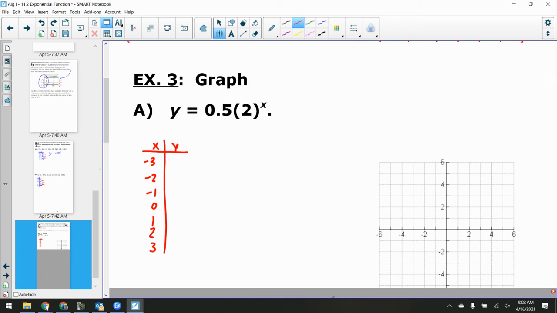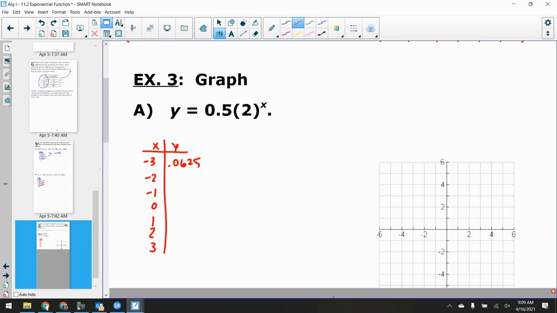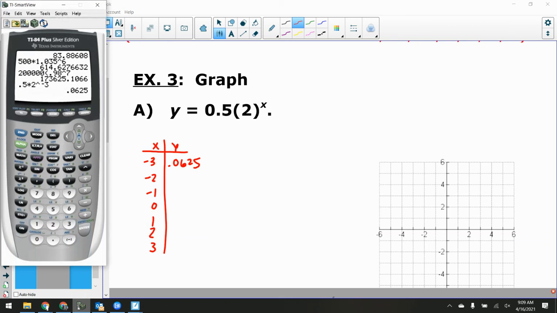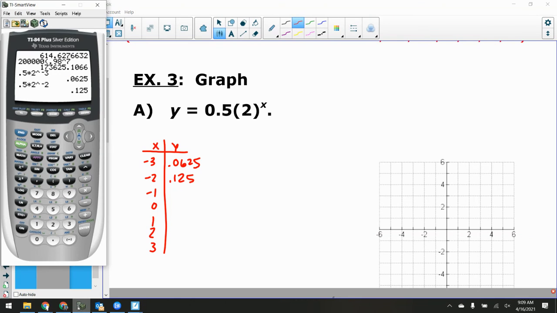Now, we're not going to see any sort of symmetry like we did with quadratics. But we're just going to generate ordered pairs. All right, we got 0.5 times 2 to the -3. We get 0.0625. 0.5 times 2 to the negative 2, 0.125. So starting out really small, to the negative 1 power gets me 0.25.